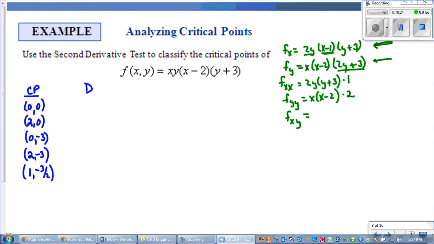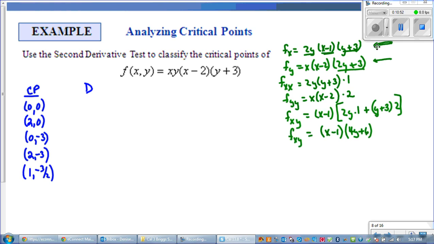We have y in two places, so we need the product rule, but x - 1 is our constant. 2y times the derivative of y + 3, plus y + 3 times the derivative of 2y. So we'll have x - 1 times 2y plus 2y plus 6, so we'll have 4y + 6.